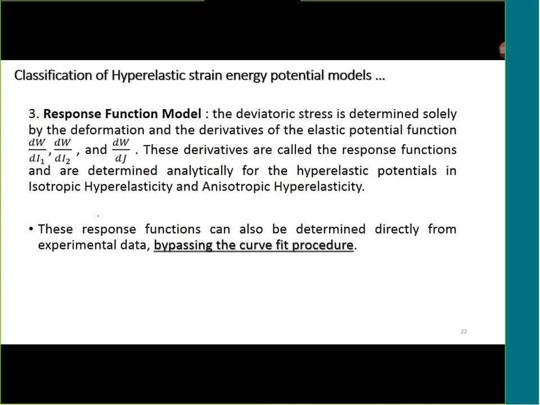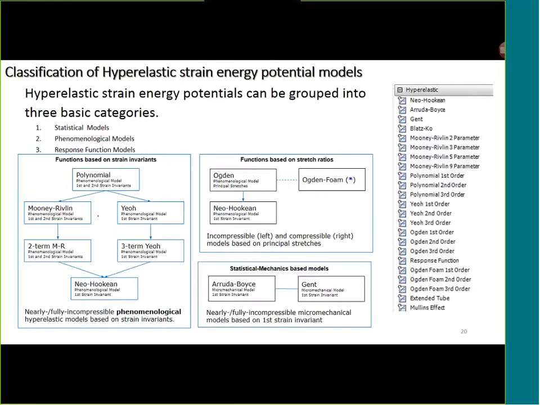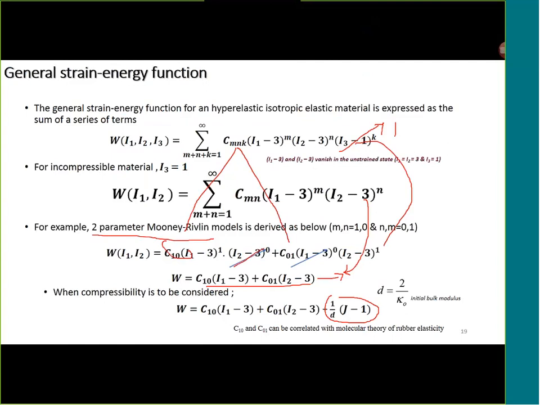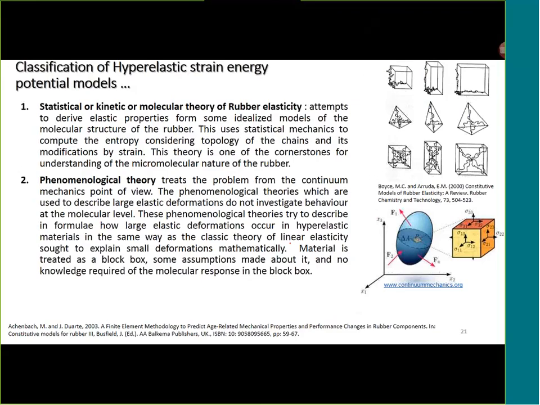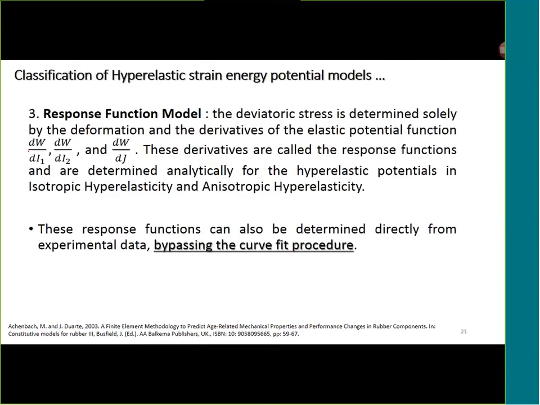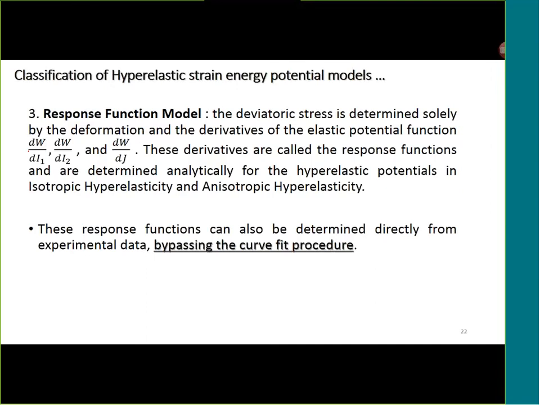The biggest advantage of the response function model is that we don't need a curve fitting procedure to find the coefficients, like C10 and C01. The other two material models call for finding those material constants through curve fitting from the experimental data, but the response function model can calculate the stresses straight away from the experimental data by bypassing the curve fitting procedure.